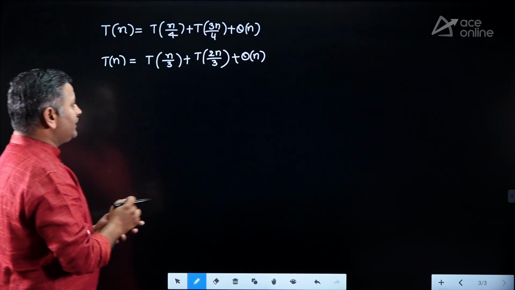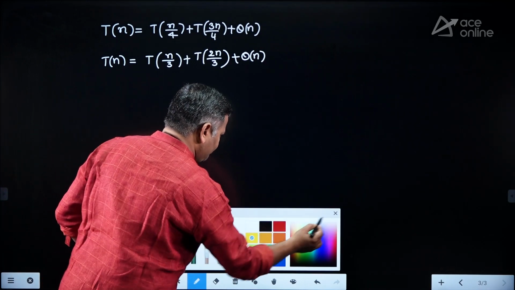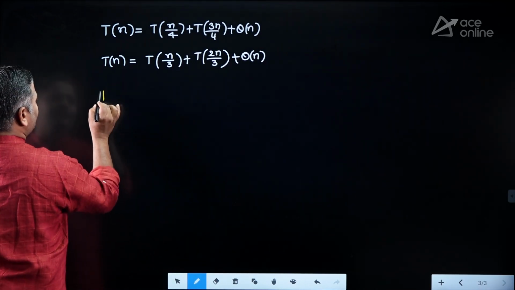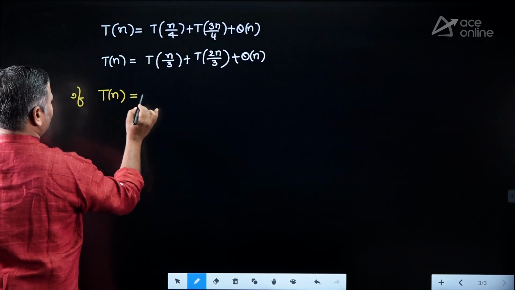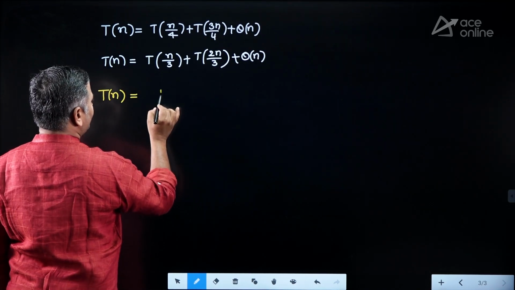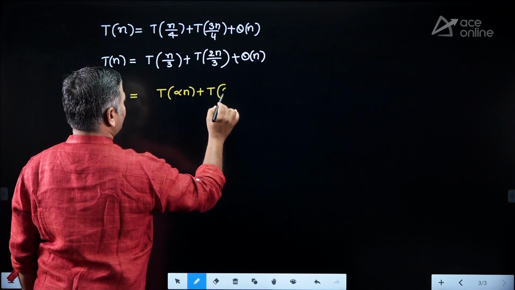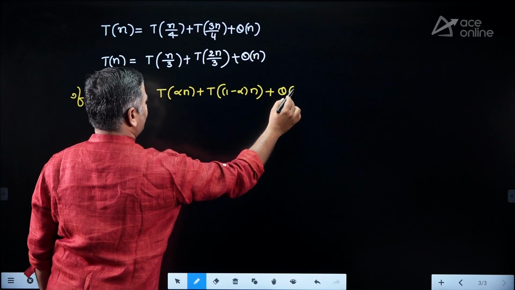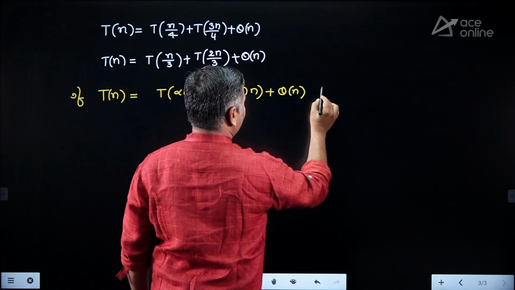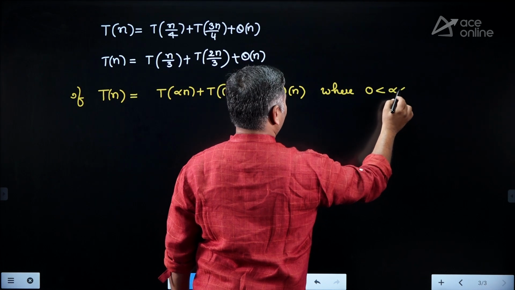But here it is a revision class. I will explain by using shortcut method. You remember this shortcut method. Suppose T of n is equal to T of alpha into n plus T of 1 minus alpha into n plus theta of n format, where 0 less than alpha less than 1.